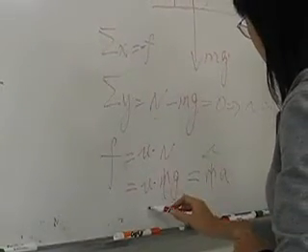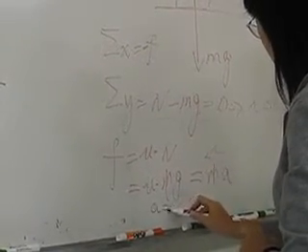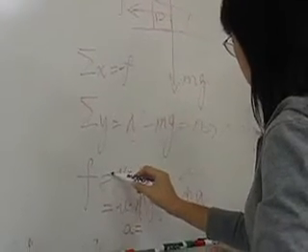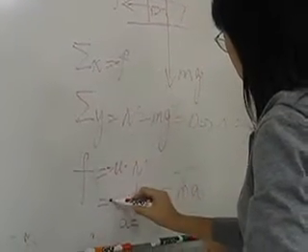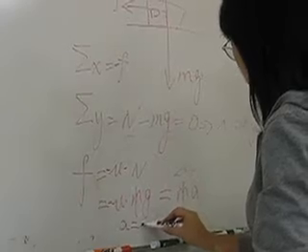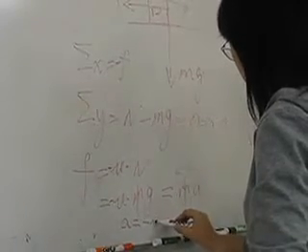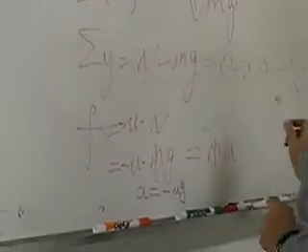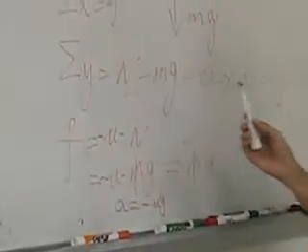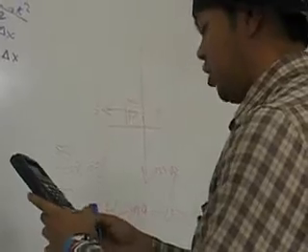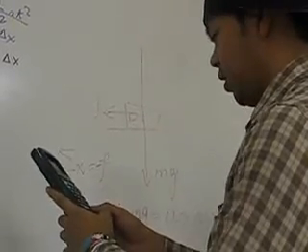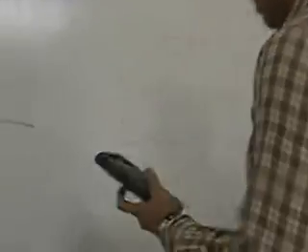So A equals negative mu G. So that means our mu k is 0.2 times our acceleration G, 9.8, is 1.96.